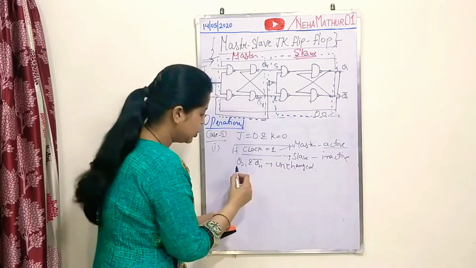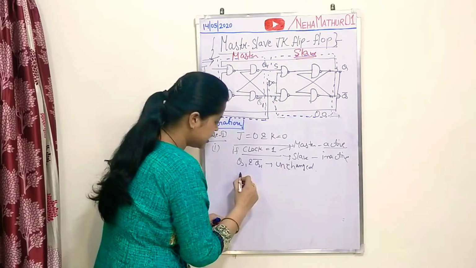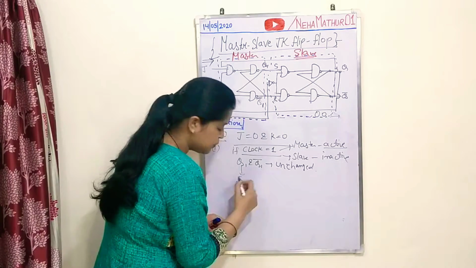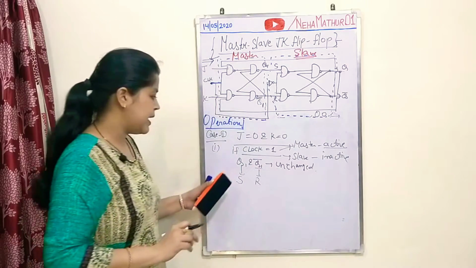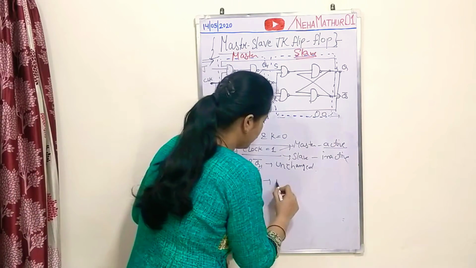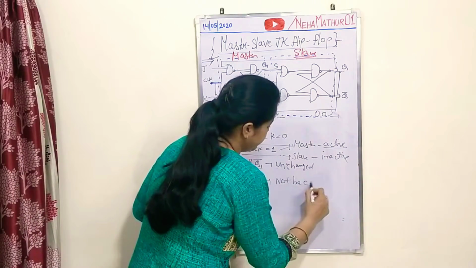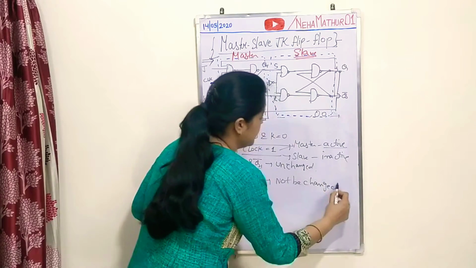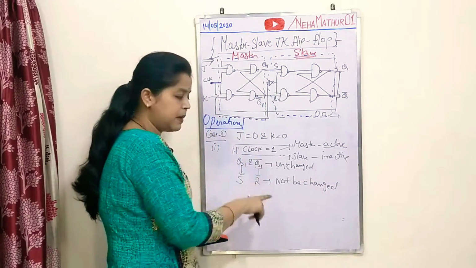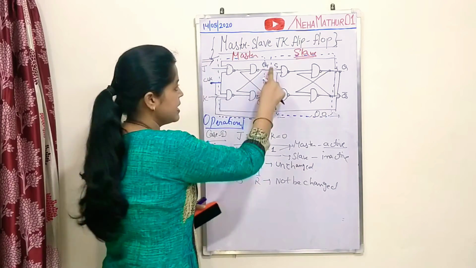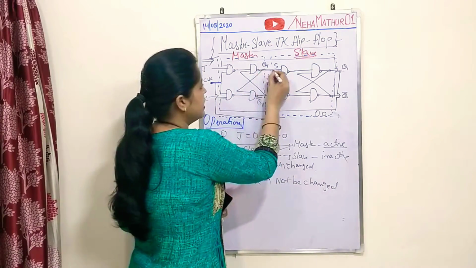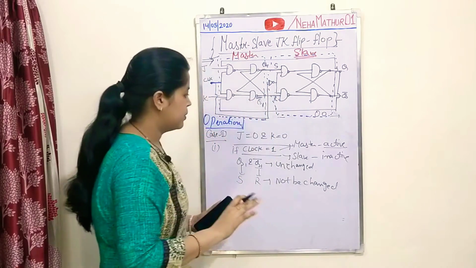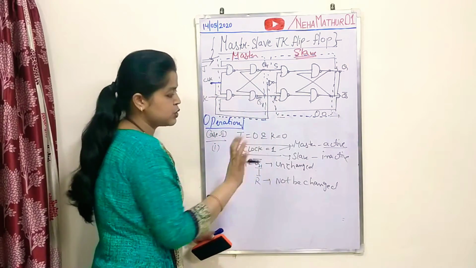Since Q1 and Q1 bar are unchanged, your S and R will also not be changed, because they are directly connected from here. Now this is when your clock is equal to 1.